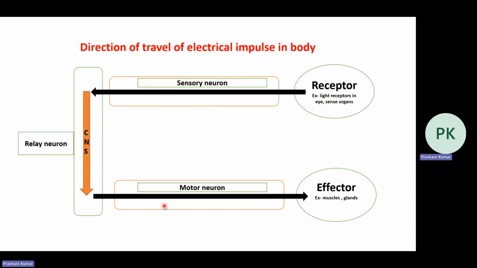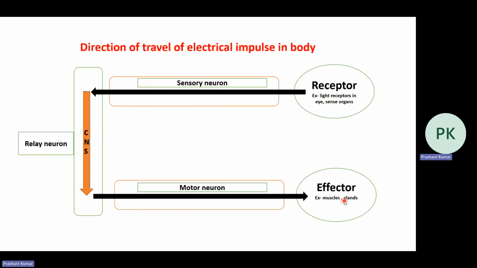They will send information to the motor neuron, and the sensory neuron and the motor neuron inside the central nervous system are connected by the relay neuron. Once the motor neuron gets the response, they will show the effect, right? Effect on the body or muscles.